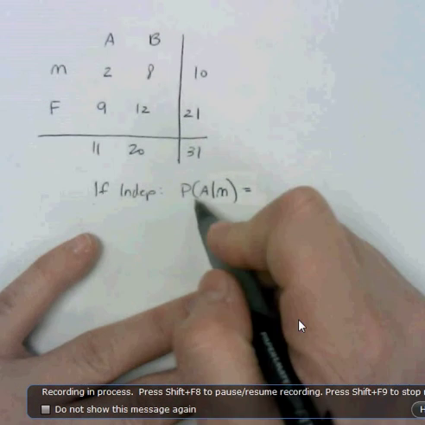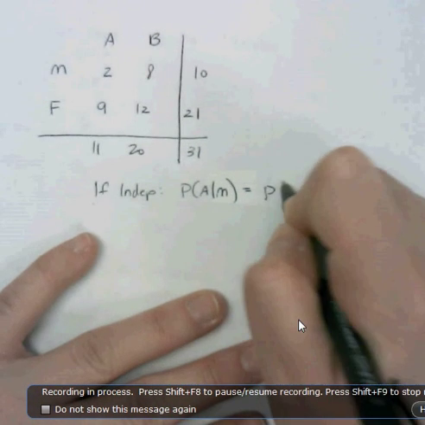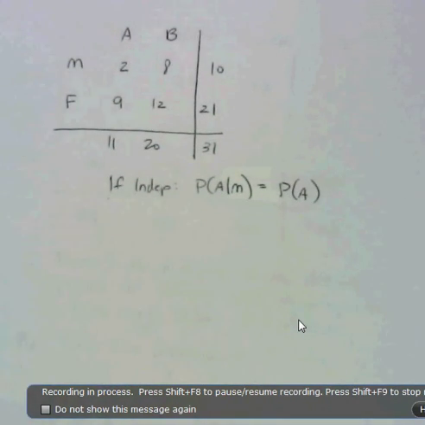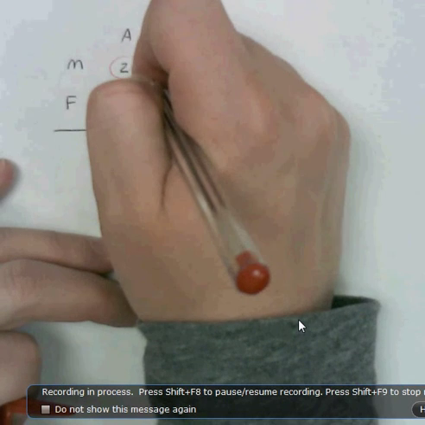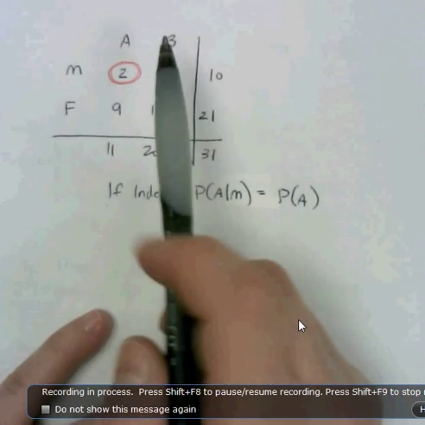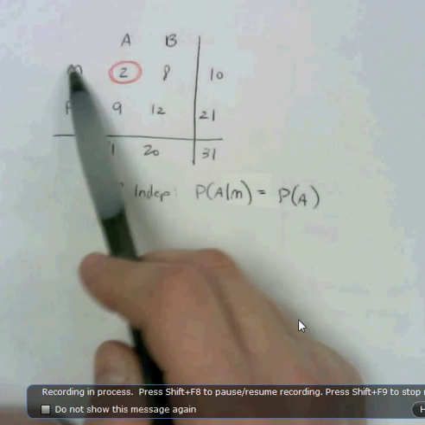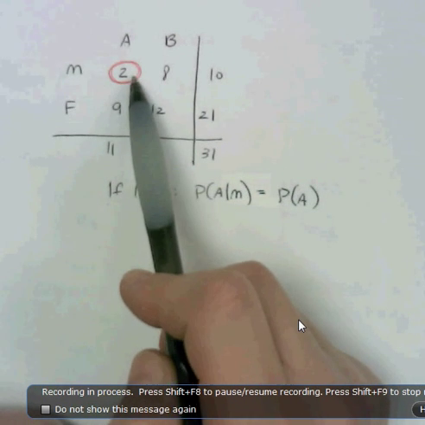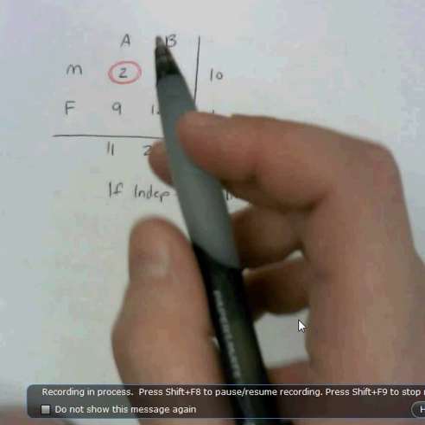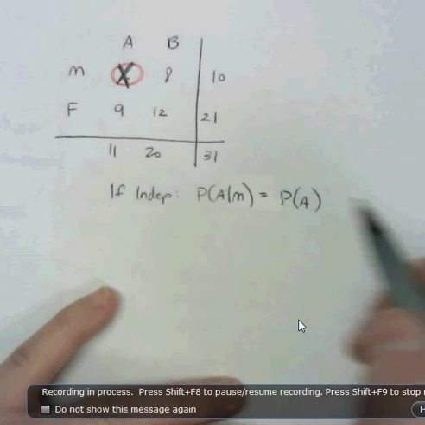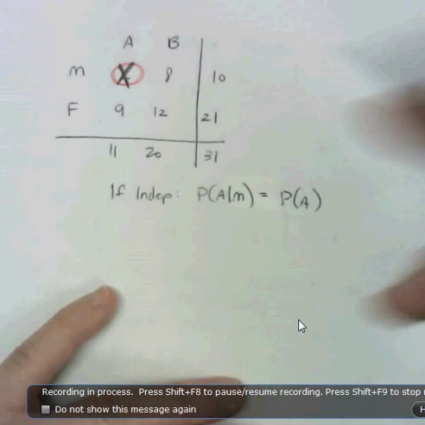The probability of A given M would equal the probability of A. Okay, so I'm actually focused on this guy right here. What I'm looking at is if these two things, being A and male, are independent, I want to know, what would that number be in there? And so this is the X value that we're looking for. So right now it's 2, but let's look for what it should be if they were independent.